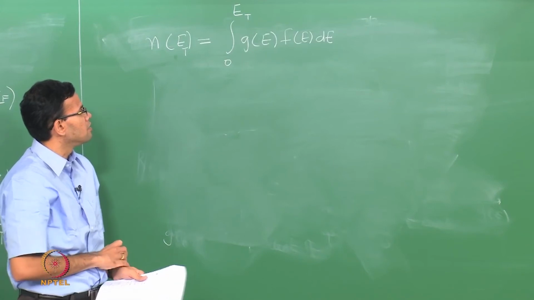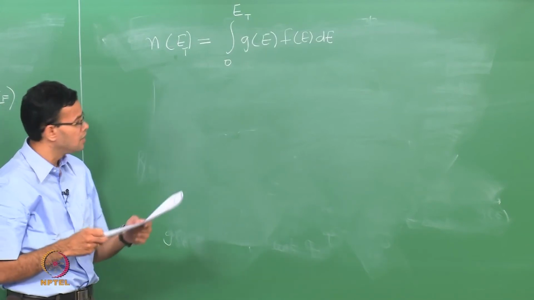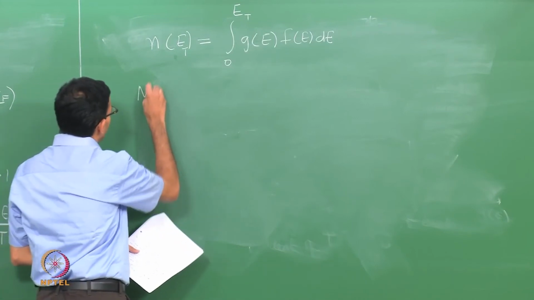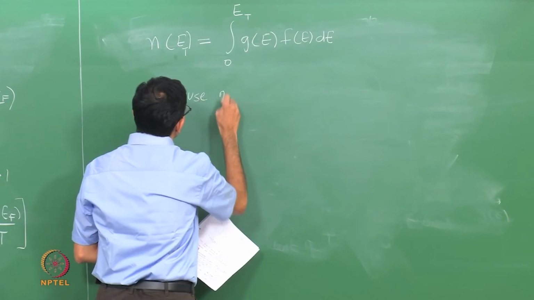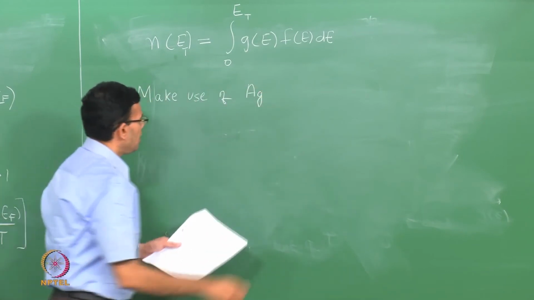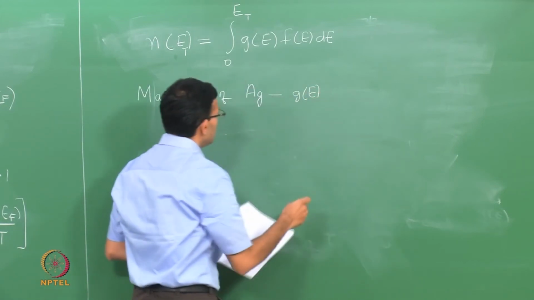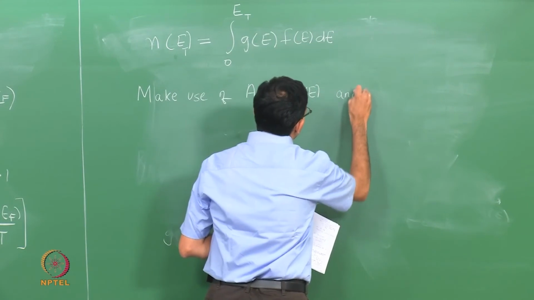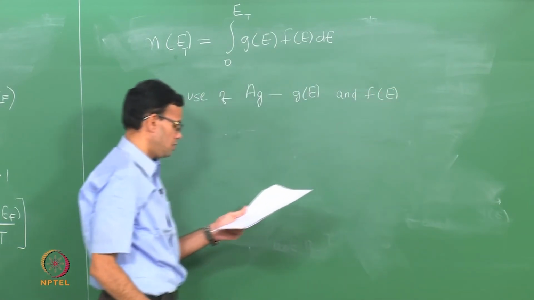So, let us do an example to get a sense of some of these numbers, and we will make use of a metal. We will take the example of silver and we will calculate the density of states and also some values of the Fermi function.